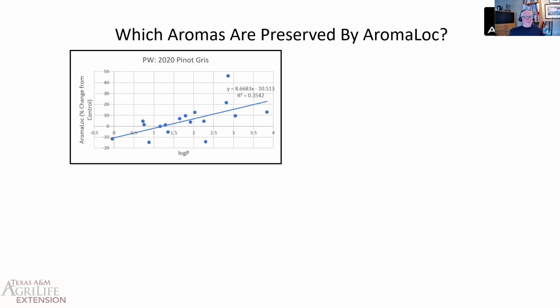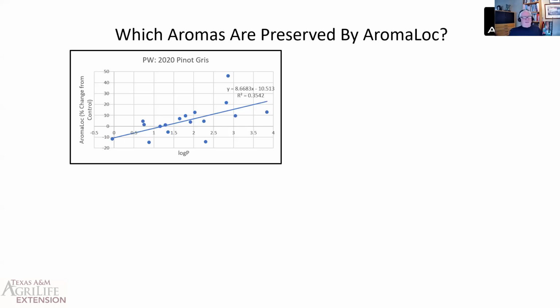It tends to preserve the hydrophobic compounds, those on the right side of the graph, compared to those on the left side. They may even be not changed or lost to some degree. So what Aromalock does is change the aroma profile of a wine. It doesn't increase the fusel alcohol levels, but it does increase the aromatic ester levels in the wine. This is a good thing in my opinion.